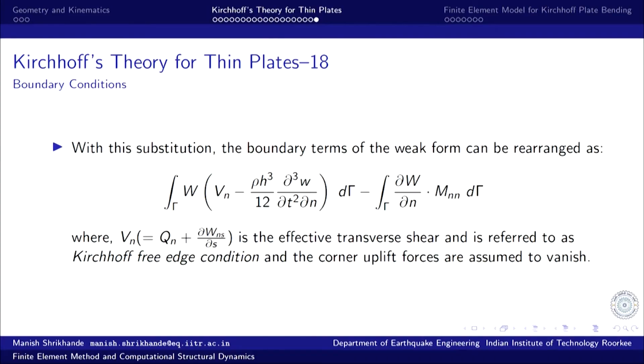So, then using these constraints, the boundary conditions can be resolved into two parts, and we have normal effective transverse shear and then effective moment, and then we have just two primary variables if we look at it in this form. So, transverse displacement and the rotation about the normal.